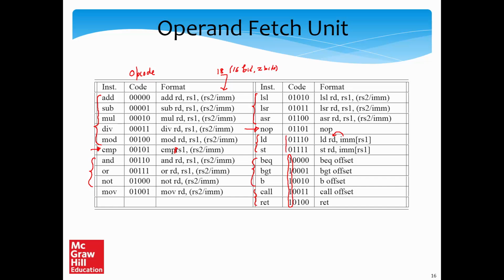So we need to look at the first 4 bits. If the first 4 bits are 0, 1, 1, 1, then we will know it's a load or a store. So that will also tell us that we need the memory access stage. And similarly, we have a quick way of finding if an instruction is a shift or something.